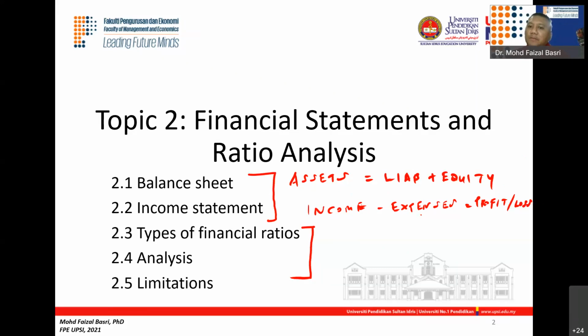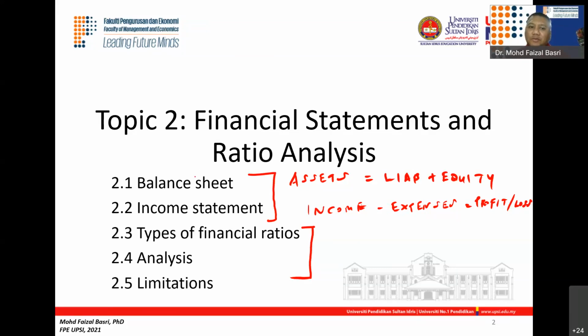If their income is more than expenses for the year, obviously they will receive a profit. But the other way around, if their income is less than expenses for the year, the company will suffer losses for the year. So that's the income statement.